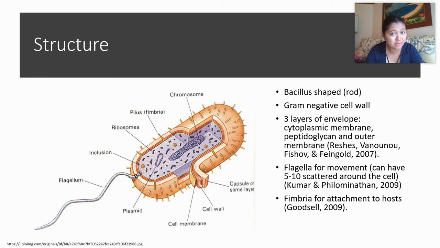They do have a cell membrane as we do. Their cell wall is primarily made of peptidoglycan, and a bacteria cell wall can either be gram positive or negative. And in this case, E. coli's cell wall is gram negative. And then it also has an outer layer of capsule or slime, which is just extra protection for the bacteria cell itself.